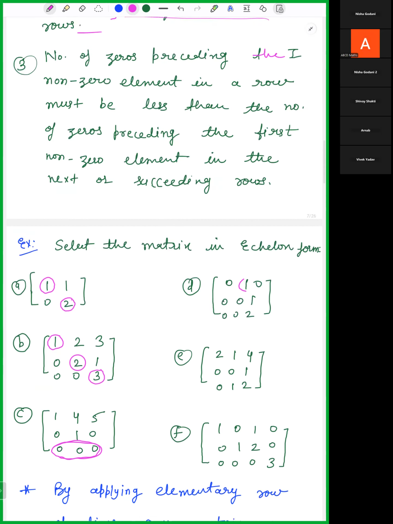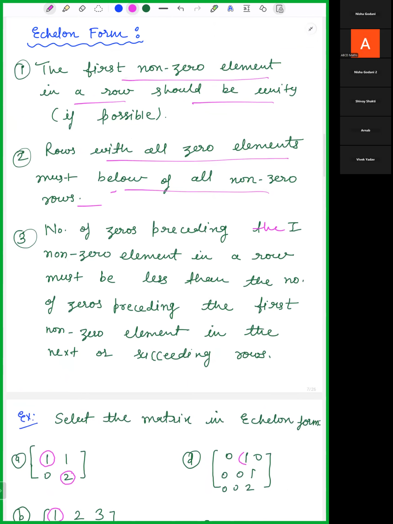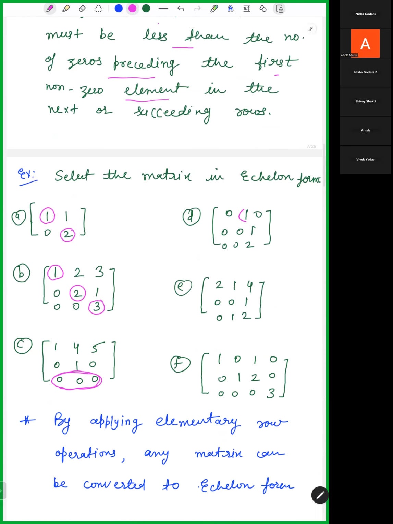Another condition is that the number of zeros preceding the first non-zero element in a row must be less than the number of zeros preceding the first non-zero element in the next or succeeding row. What does it mean actually? It is saying that when you move from up to down in a matrix, the number of zeros before a non-zero number must increase.